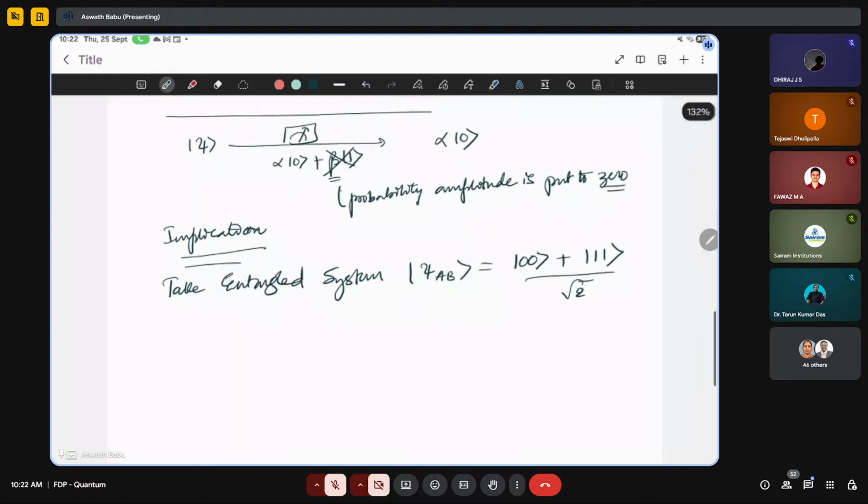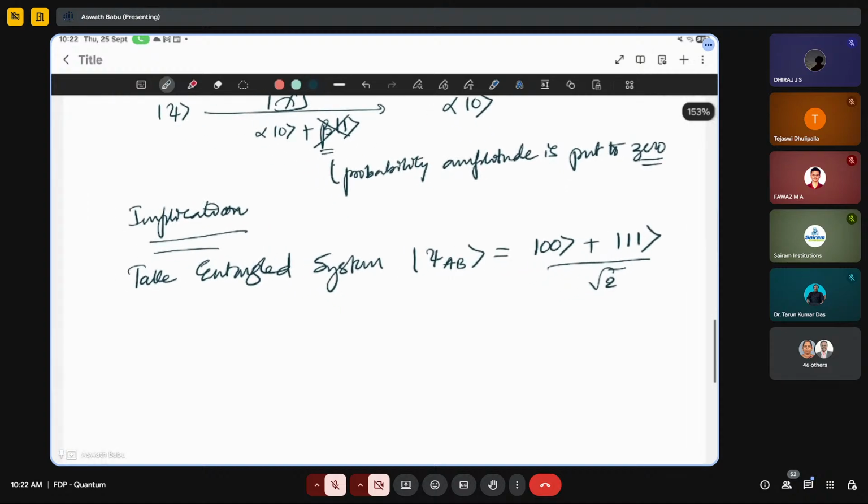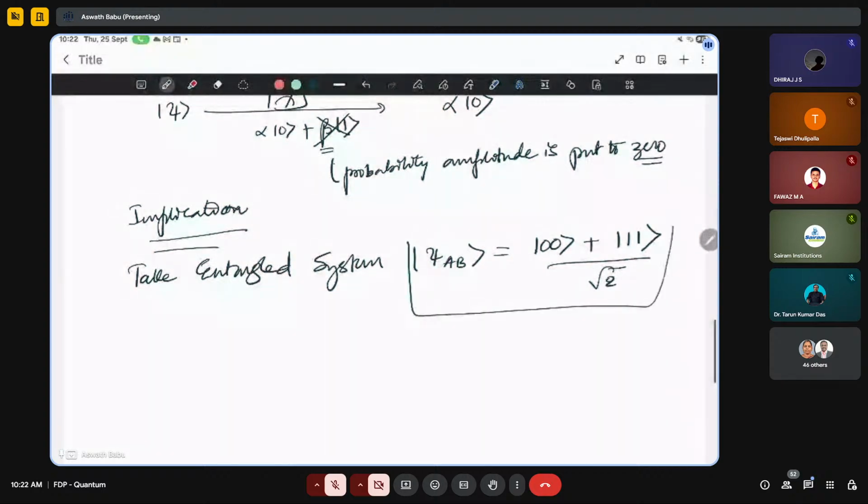What I mean is two friends become so close that even when they're separated, they're going to have the same effect when something happens to one of them. Now quantum mechanically, they are in this state. I am not able to separate them as two quantum systems like this. I can't separate them because they become entangled. So this is a product state.